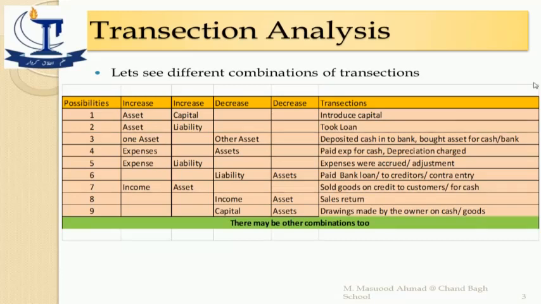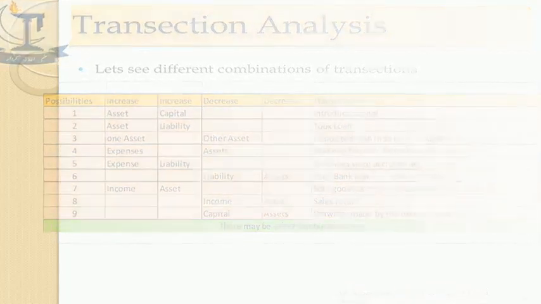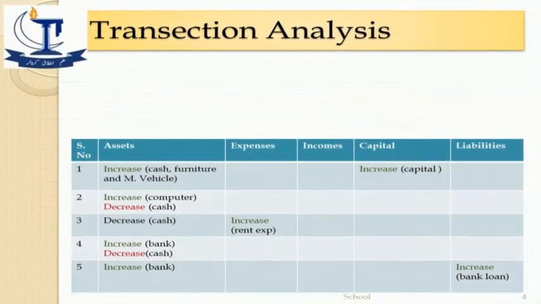We have to analyze the transaction, find out what accounts are involved in it, and whether they are increasing or decreasing. So, here is a tabulated form of a transaction.